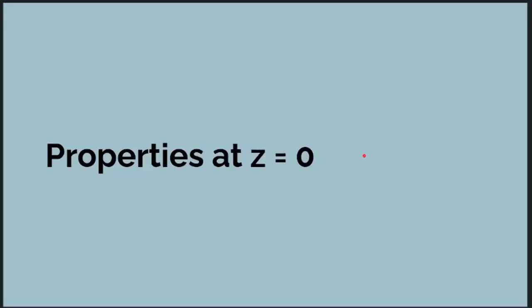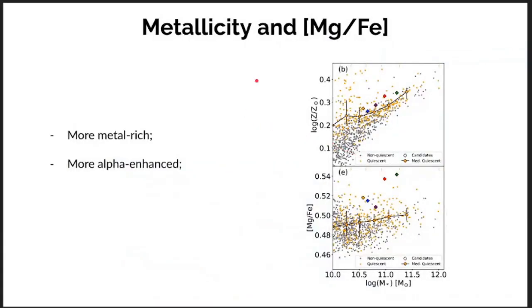The properties of these 5 candidates at redshift 0, starting with their metallicity and this abundance that gives a proxy for the alpha enhancement, are shown here. We have the mass on the x-axis, and the chemical properties on the y-axis. In the first panel, the metallicity, we can see that all the candidates are more metal-rich than quiescent galaxies in the simulation, with the orange dots representing the quiescent galaxies, and this line representing the median for the quiescent galaxies.